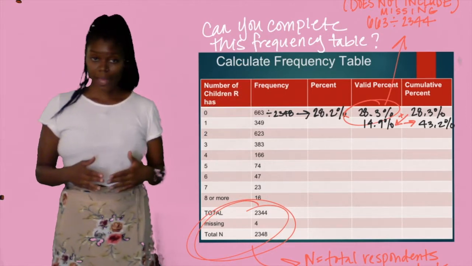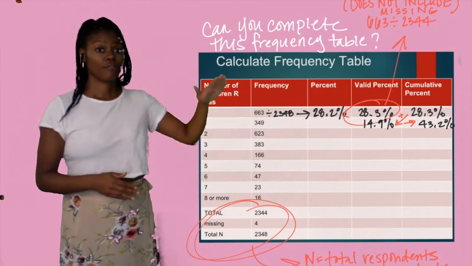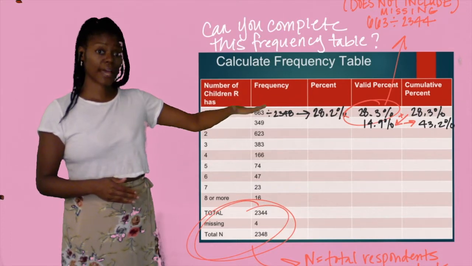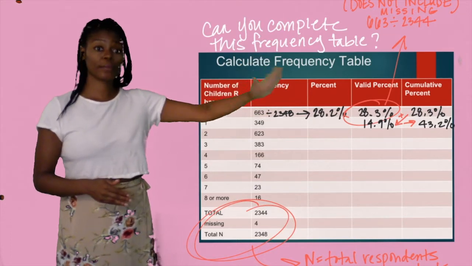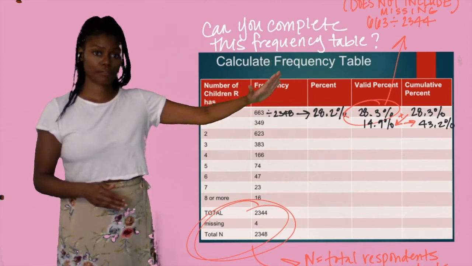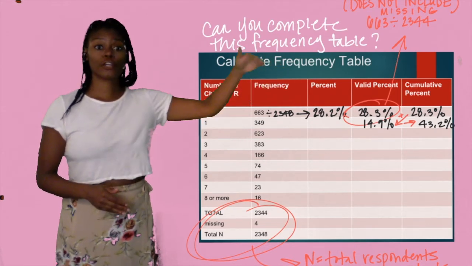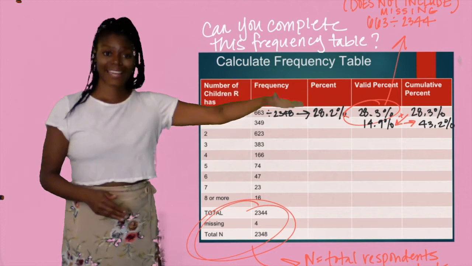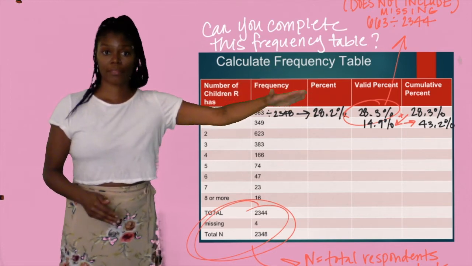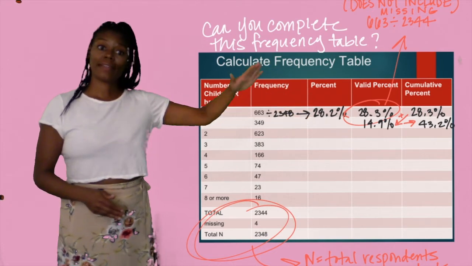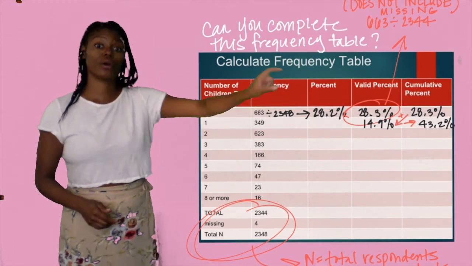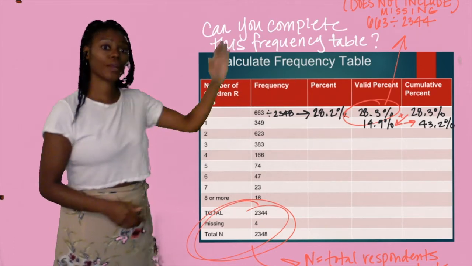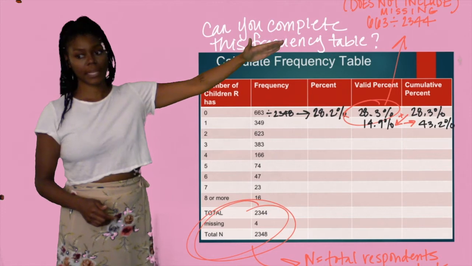In the second line, the valid percent for the second line is added to the cumulative percent in the first line of the frequency table to create a cumulative percent for the second category in the frequency table. And then that cumulative percent tells you not just about that category, but about the preceding category.